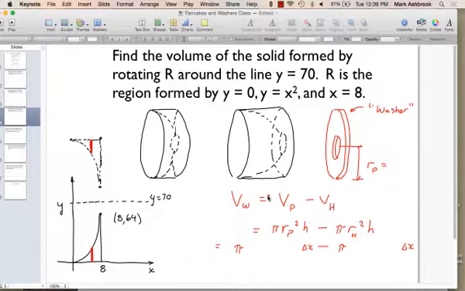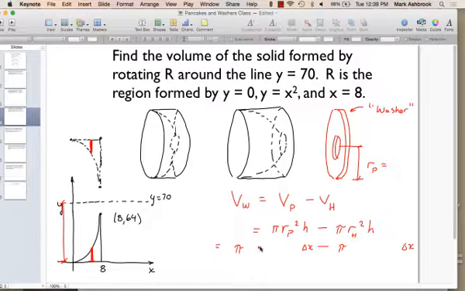No, it's just from here to here. For all of them, the end of all those pancakes is here on the x-axis.